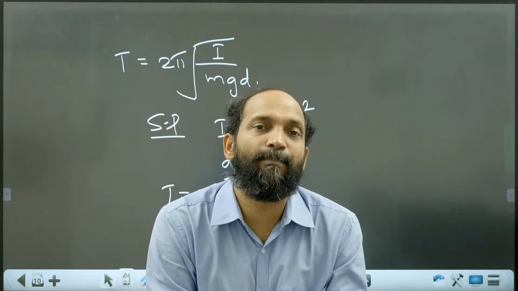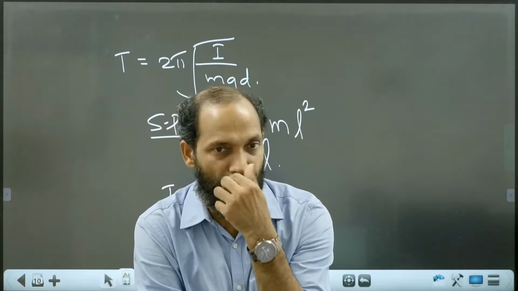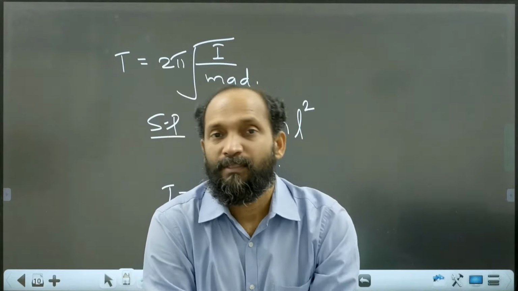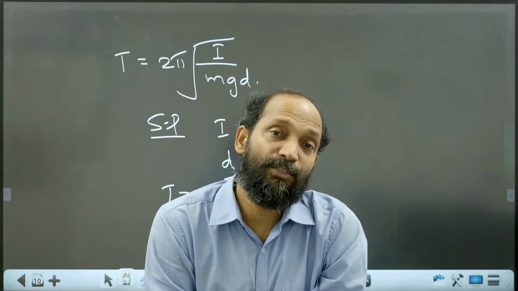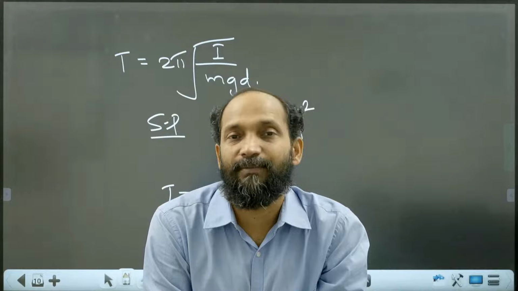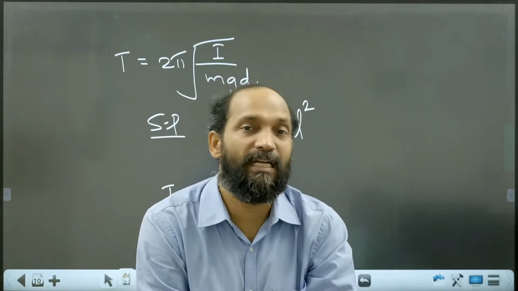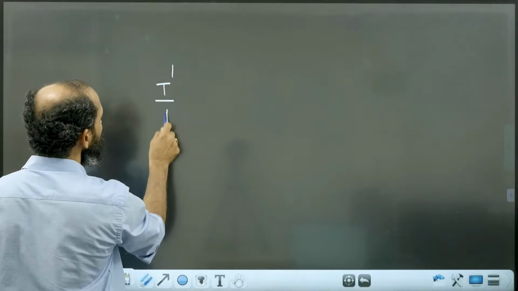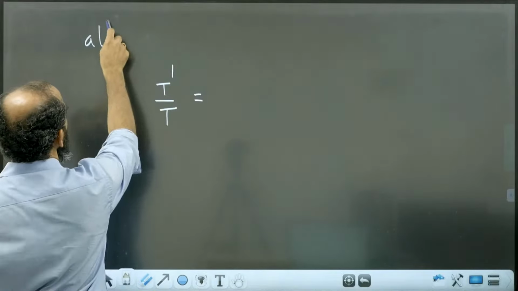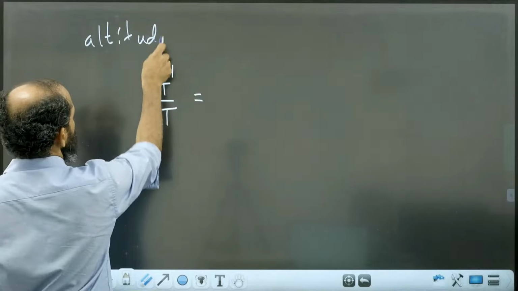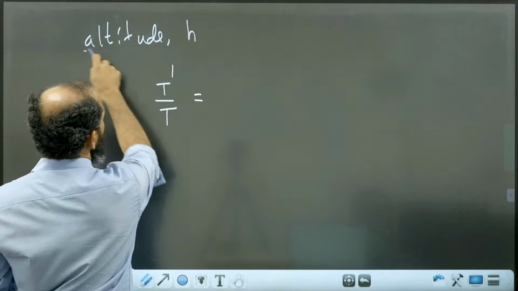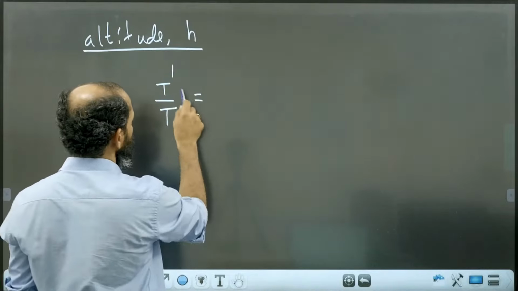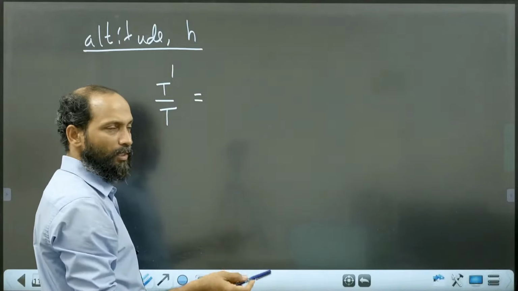Suppose you take a simple pendulum from the surface of earth to some height. There the acceleration due to gravity is less, so the periodic time is greater. Let us develop a formula for that. T dash divided by T over an altitude h above the surface. T is proportional to 1 by root g.